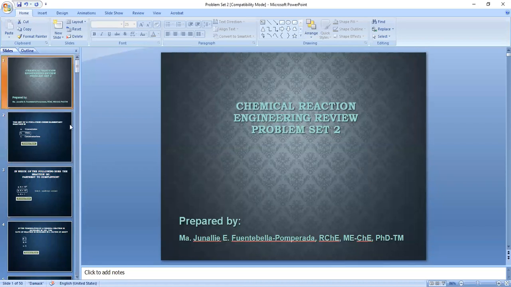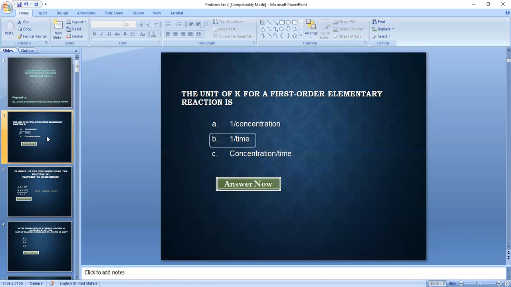Anyway, sige. So for the unit of the K for a first order reaction, if you're given the following choices, the unit for the K for a first order reaction is per unit time.